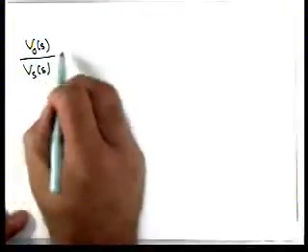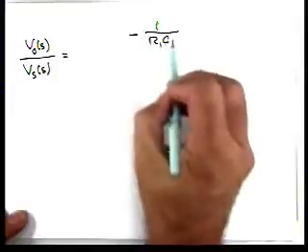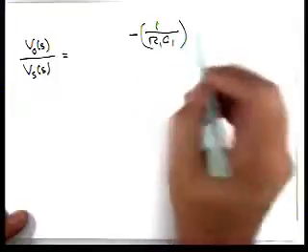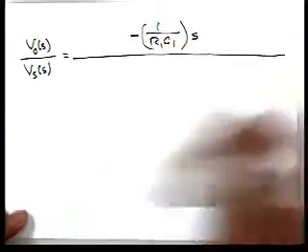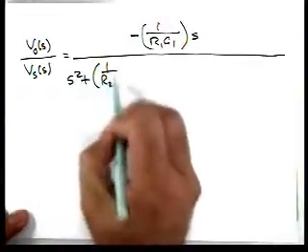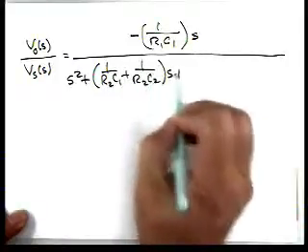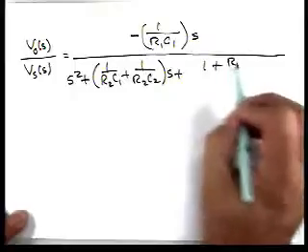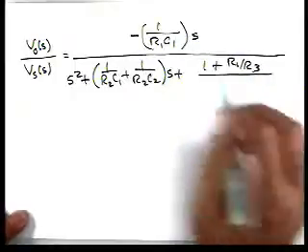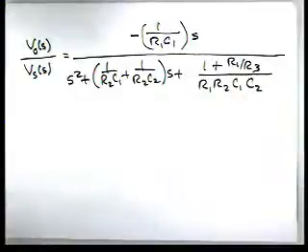So now we have V0 of S over Vs of S. Okay, we have minus 1 over R1 C1 times S. And down here in the denominator we have S squared, plus 1 over R2 C1 plus 1 over R2 C2 times S, and then we get this last term, 1 plus R1 over R3 over R1 R2 C1 C2, and again that's the way we manipulated.